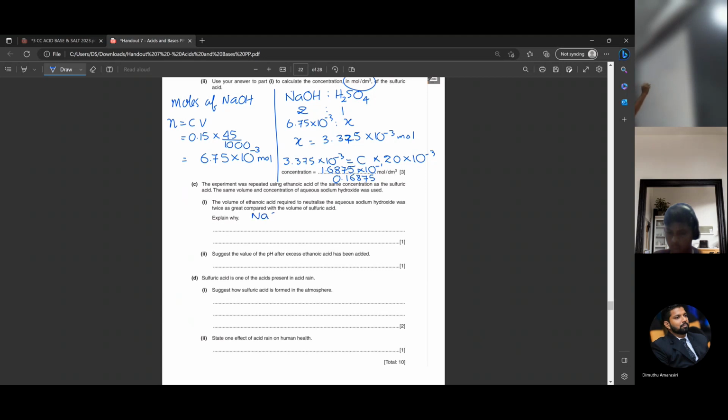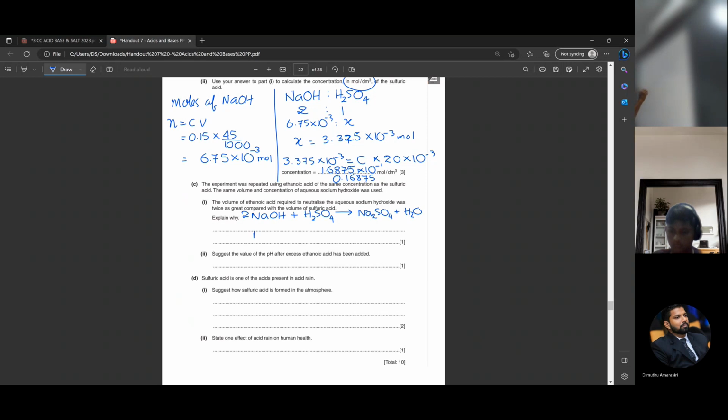This is something to deal with stoichiometry. You need 2 sodium hydroxide to react with 1 mole of sulfuric acid.